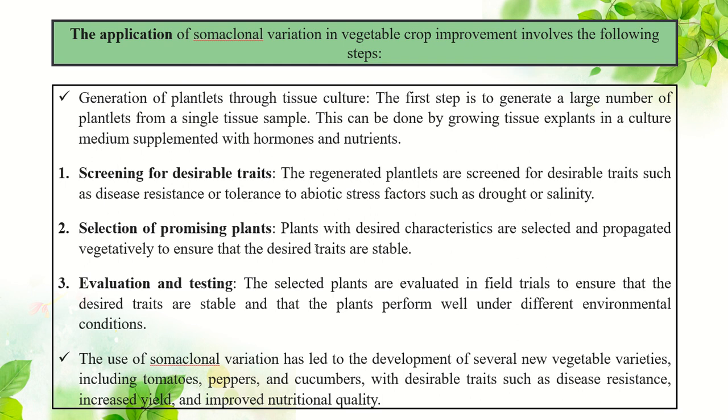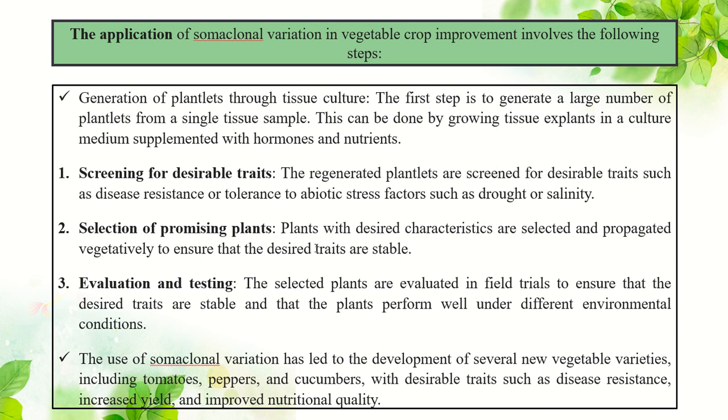First step, regeneration of plantlets through plant tissue culture. As I said, plantlets from single tissues, single cells, or leaf tissues. This can be done by growing a tissue explant in the culture medium.